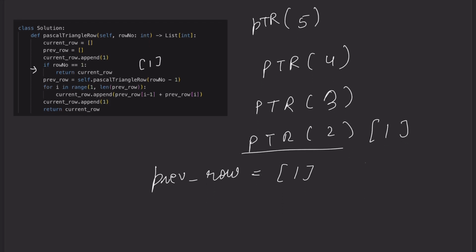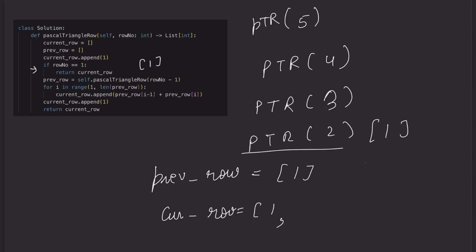Now, what we do for the current row, which has 1, is that we append previous row of I minus 1 plus previous row of I. In this case, we start I at 1 and go up to the length of the previous row.